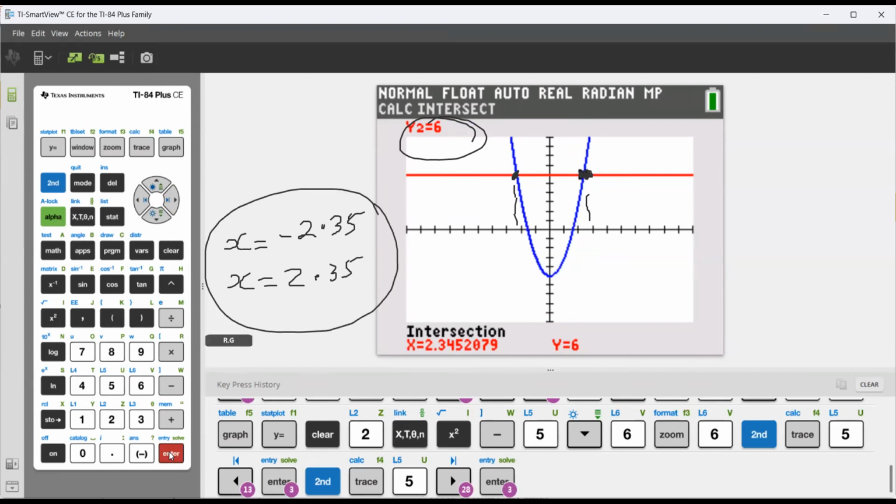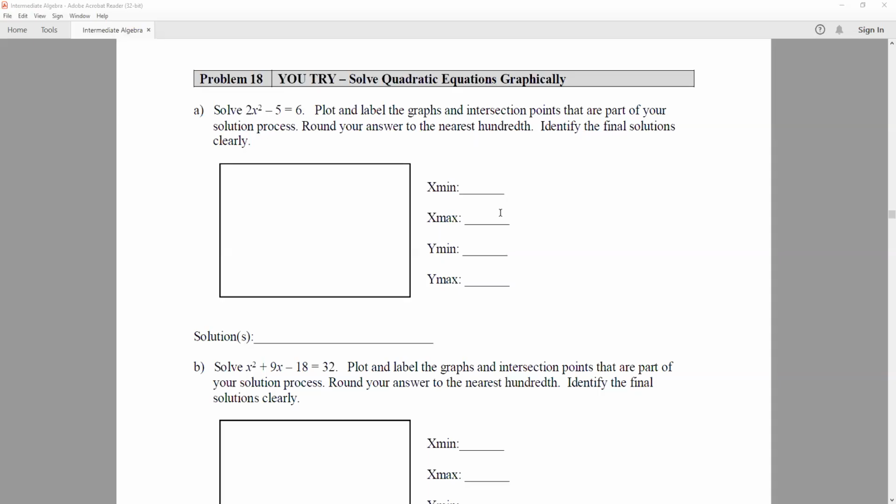So these are my two values that I needed or wanted. Now I did use a standard window. So when you go back, it says you have to sketch the graph. So I'll sketch the graph, going back to the workbook, and make sure that I put in my window -10, +10, -10, +10.